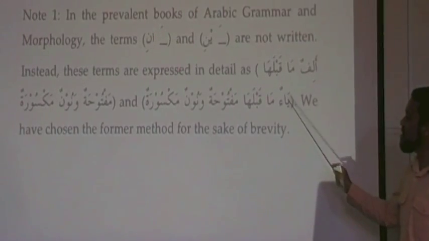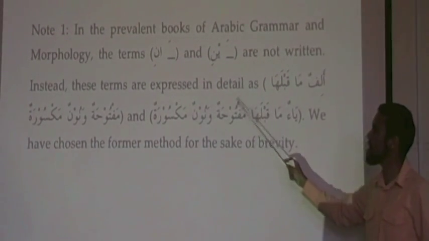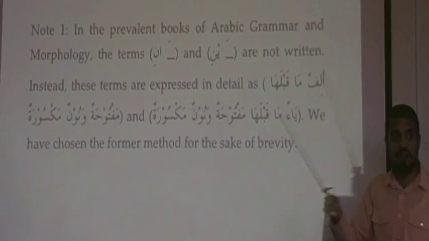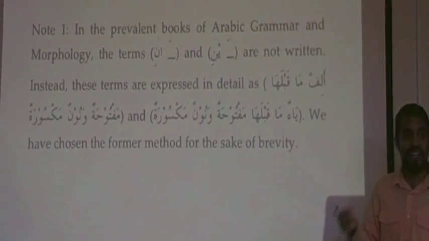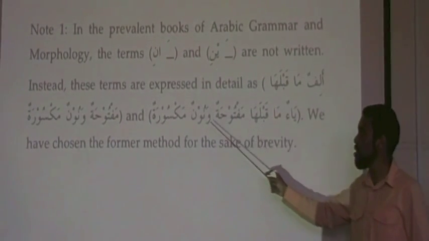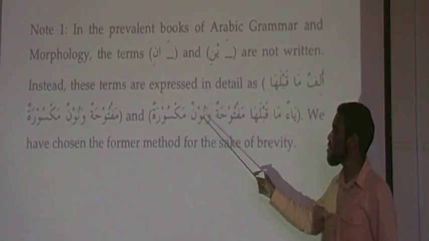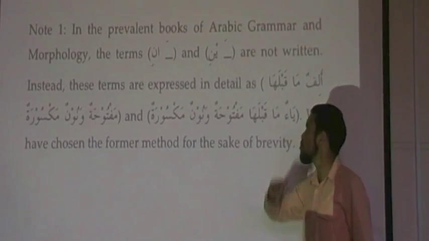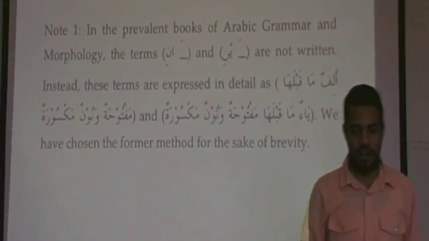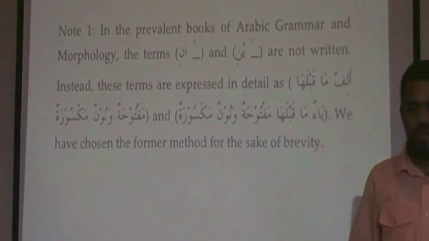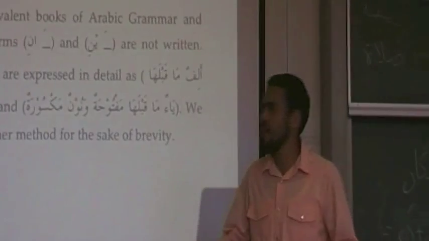So this means a ya, which before it is a letter with fatha. Can you see fatha, maftuha, fatha, maftuha, right? Wa nunun maksura. It is a nun with kasra. We're just saying that that's how they spell it out.